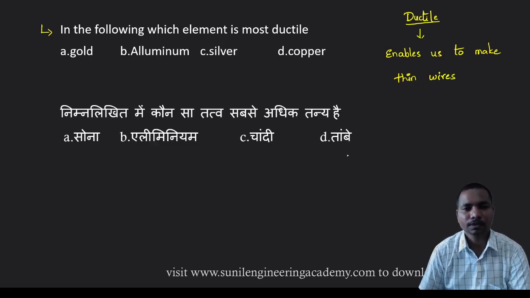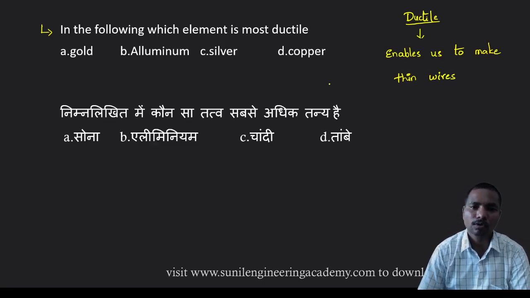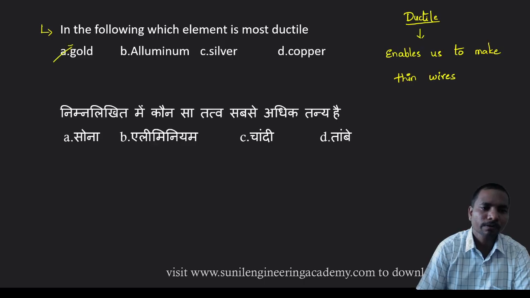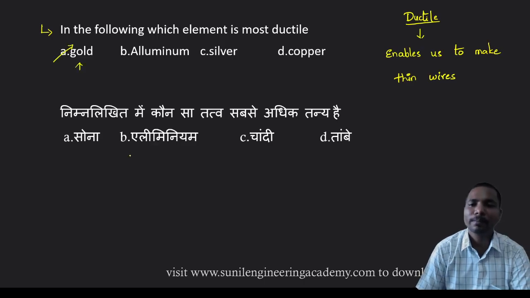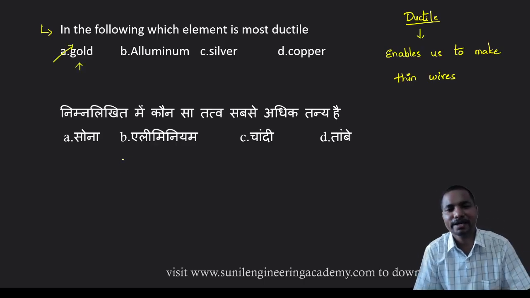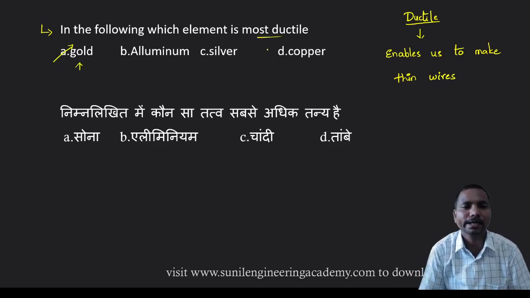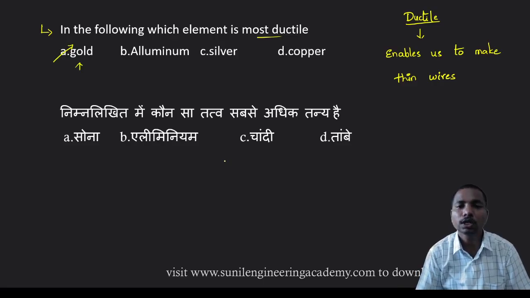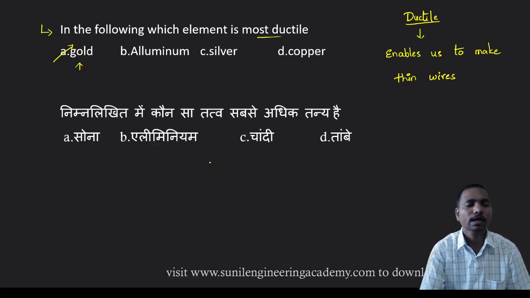Generally metals, and among the metals we have gold. By using gold we can make very thin wires, so it is the most ductile element. Answer is option A.